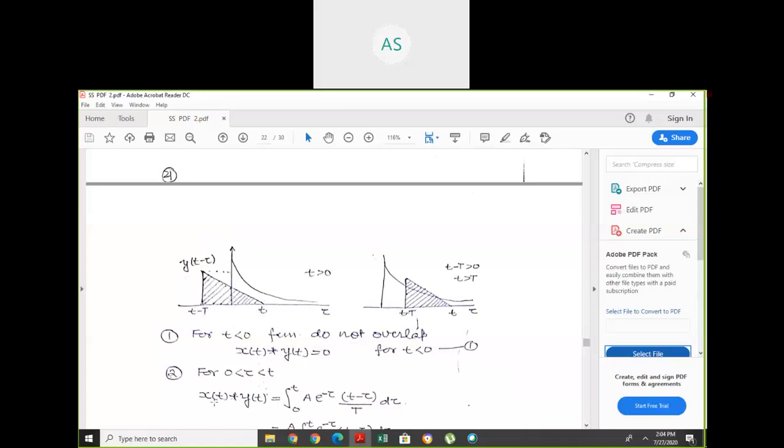So x(t) convolution y(t) is equal to the integration with lower limit 0 and higher limit t, because the signal beyond this t is 0, so the value is 0.